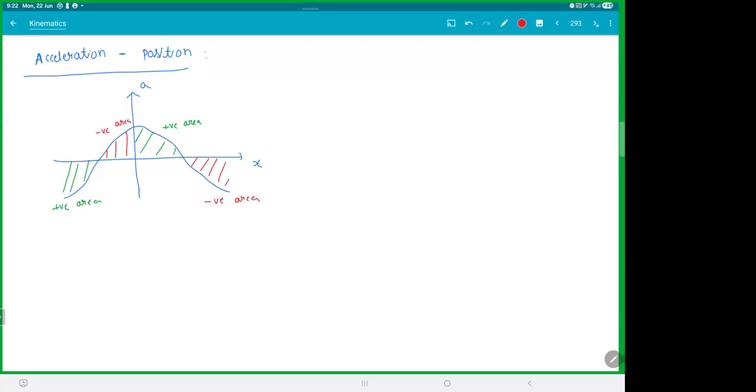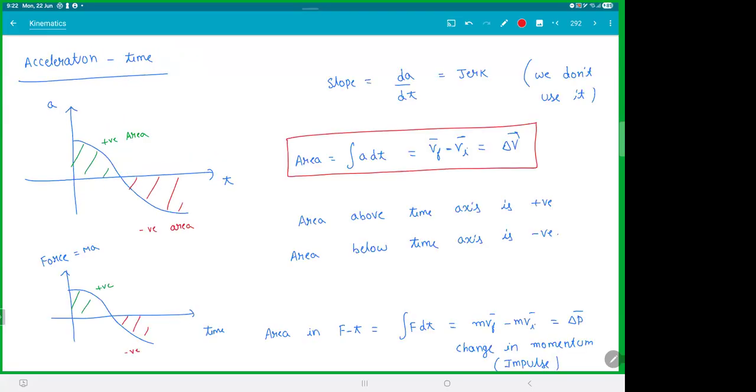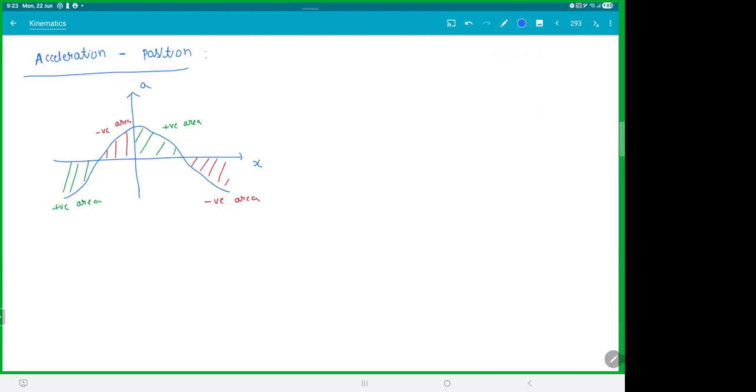So you can have this AX graph in all four quadrants because X can be positive or negative. Why didn't we do this before? Because time can't be negative, right? T always starts from zero. That's why we never had a graph on the left-hand side. So here you can have a graph like this. So what is slope here? dA by dx. There's no meaning here. We don't have anything for this. What about area?